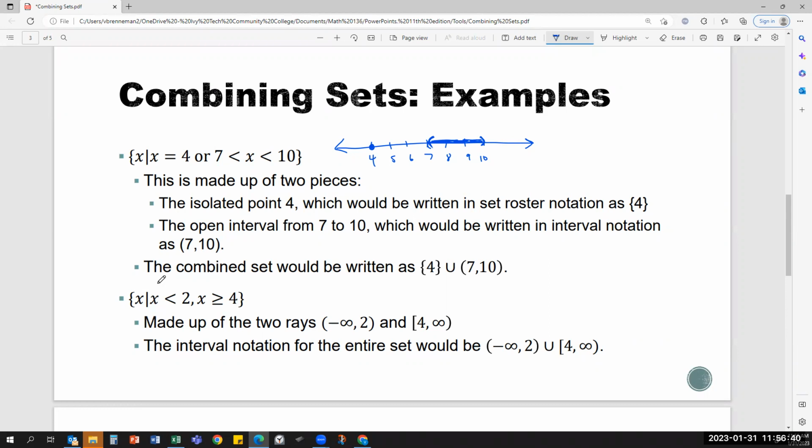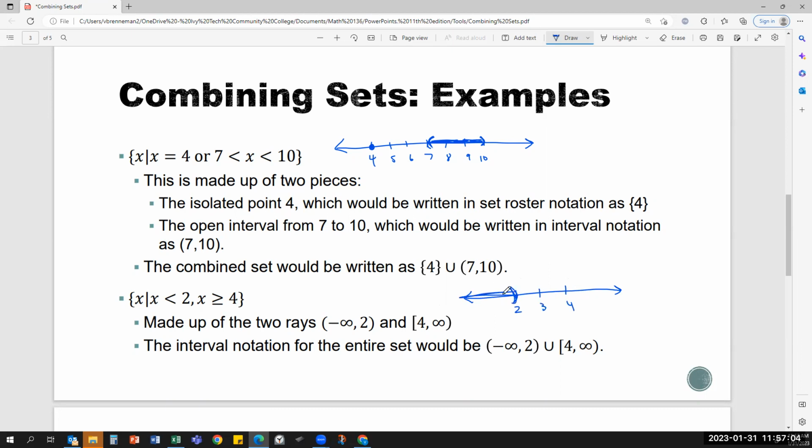Then another example, the set of all x such that x is less than 2, or x is greater than or equal to 4. So this is those two opposite rays that don't overlap. So it can't be written as a combined interval or a single combined inequality. We have 2, 3, 4, so less than 2.